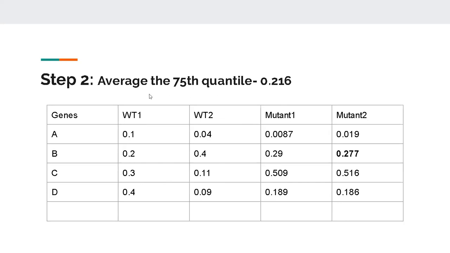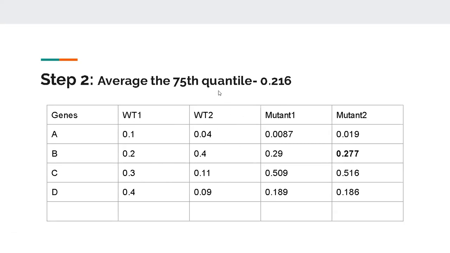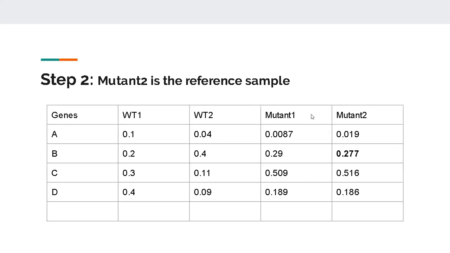Now you choose that sample out of your samples whose 75th quantile is the closest to the average value of the 75th quantile, which is 0.277 in this case. So from now on, mutant 2 would be our reference sample, because what we have found is that this is the most average sample out of our 4 samples. So this is the reference sample, and this is what we are going to use to normalize, one by one, all the other samples.